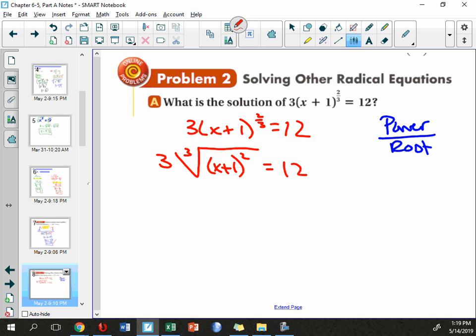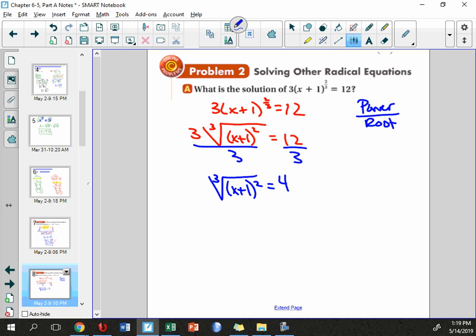I need to isolate, so I am going to divide both sides by 3, and I have the cube root of x plus 1 squared is equal to 4. Now what? Why am I cubing both sides?